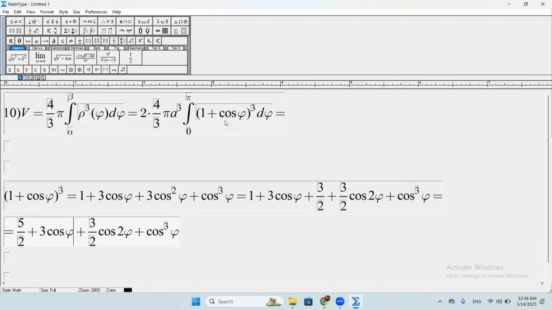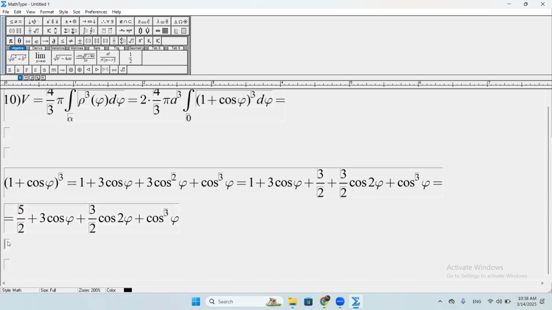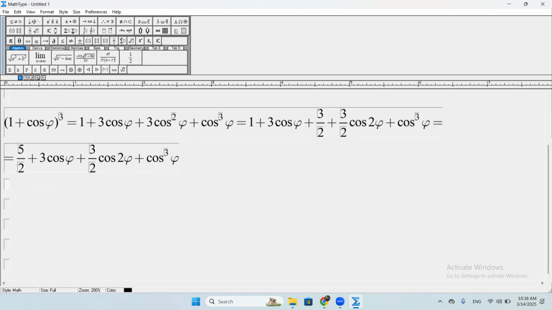And now let's integrate this. Let's calculate these integrals separately. So I1 equals the integral from 0 to pi of 5 over 2 d phi, so it will be equal to 5 over 2 pi.